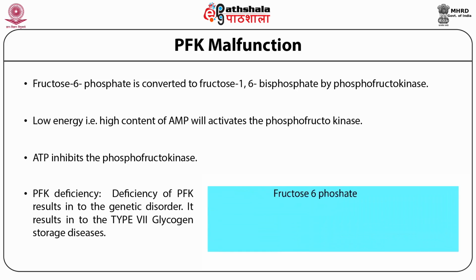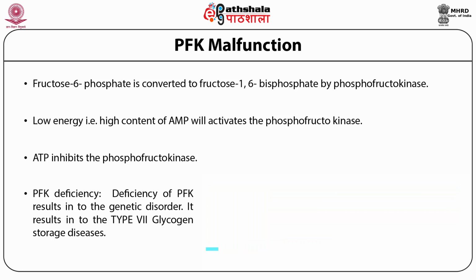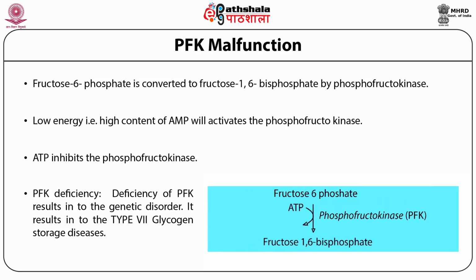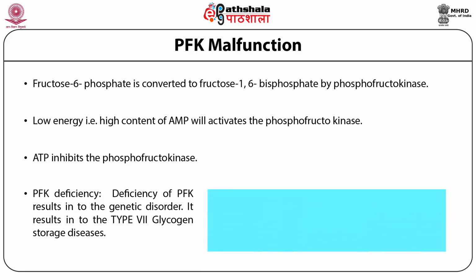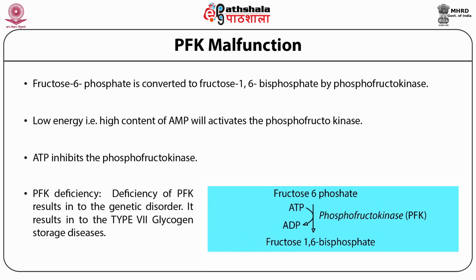Phosphofructokinase deficiency results in a genetic disorder. It results in type 7 glycogen storage disease. It is observed due to mutation in the gene of the M subunit of the phosphofructokinase enzyme. It is designated as the PFKM gene. This gene helps in the synthesis of phosphofructokinase.